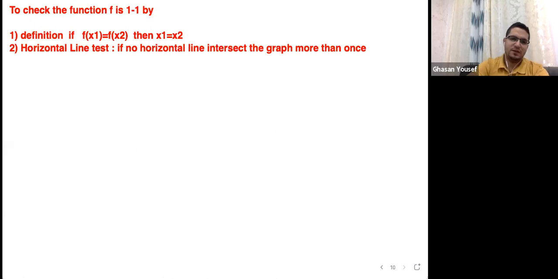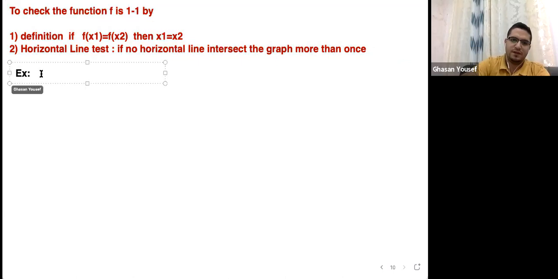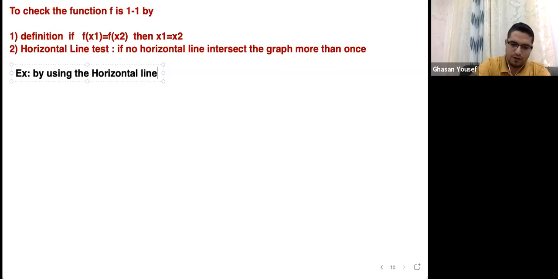Okay, let me give you an example of how we can use this property. The example is by using the horizontal line test.